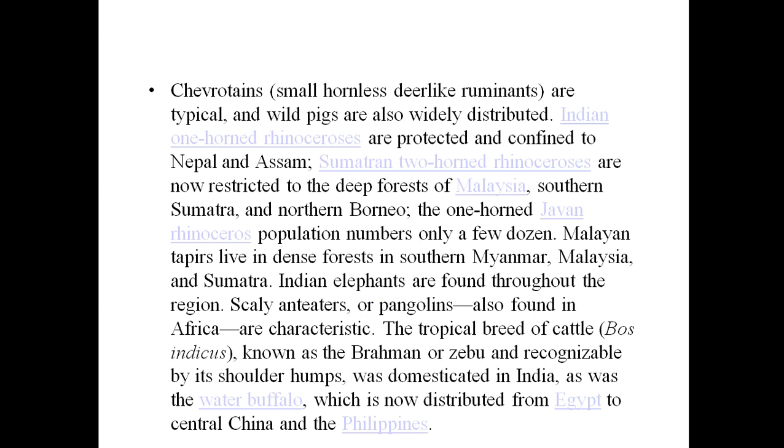Chevrotains are small hornless deer-like mammals. Even wild pigs are also widely distributed.